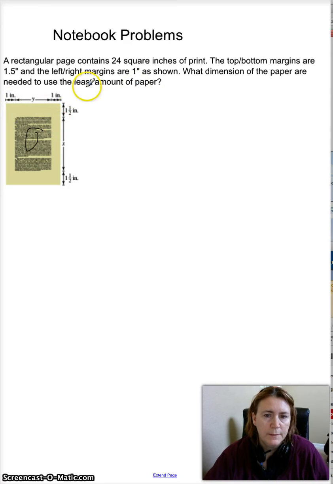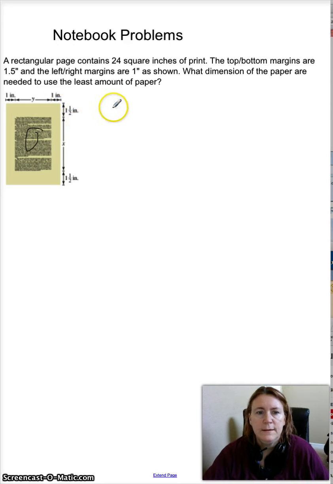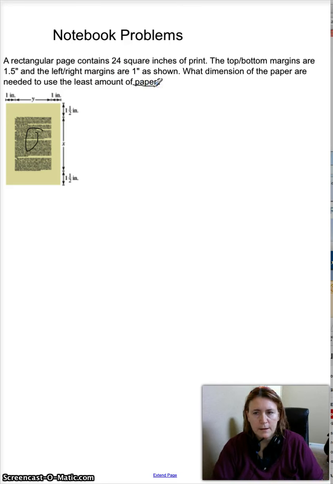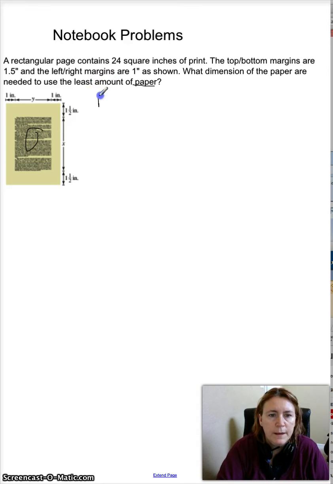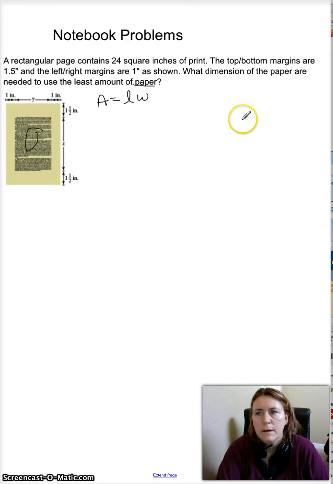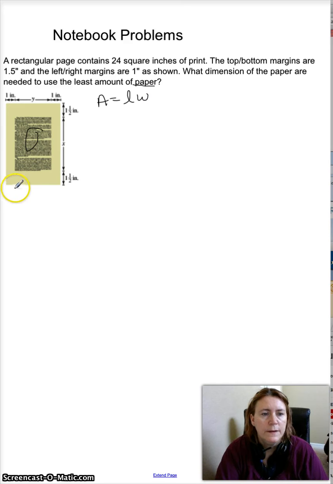What dimensions of the paper are needed to use the least amount of paper? So the least amount of paper, our primary equation, is going to be the area of the paper, and that's length times width. All right, now what is this?